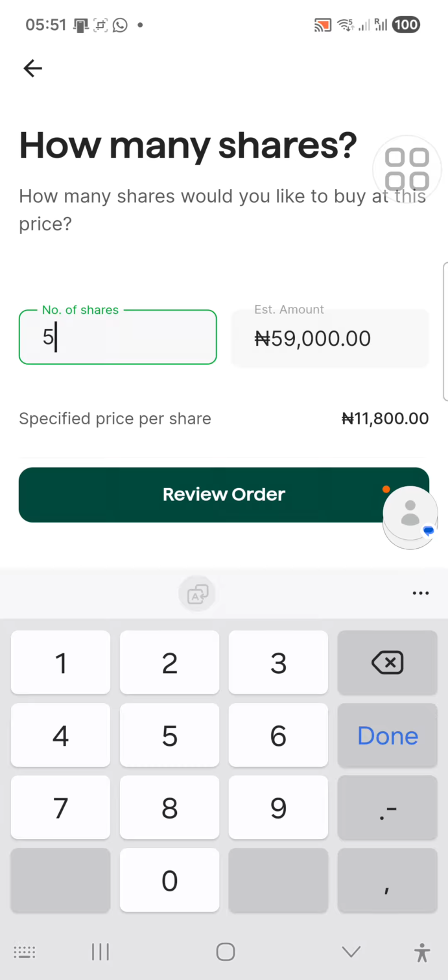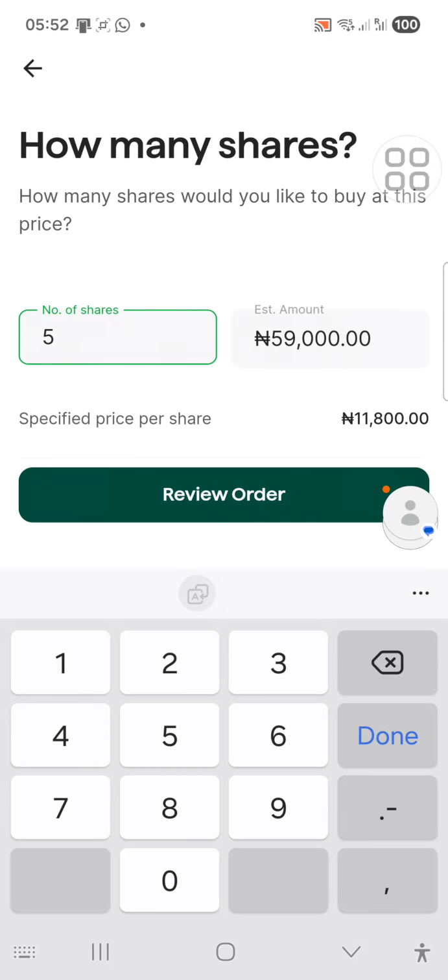They will add a small fee, but still you would have bought this at a very big discount. Remember, the market price for Seplat is 11,486 naira 20 kobo. But if you buy it using limit buy, then you pay 11,800 naira.